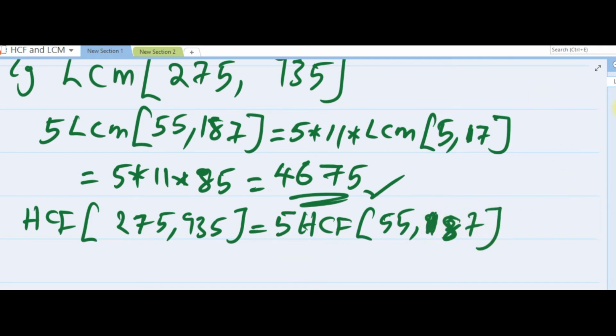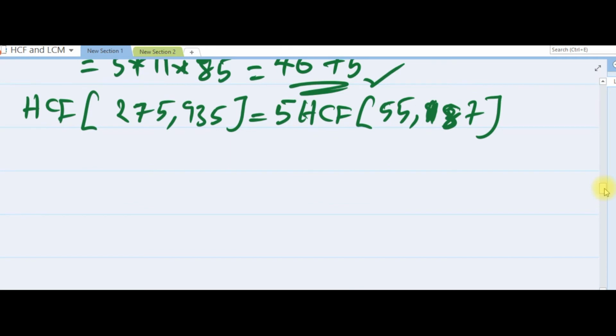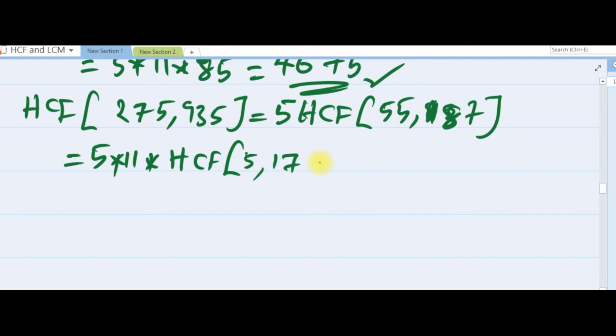Again, looking at this, we have a common factor again, which is 11. So it's 5 times 11 times the HCF of the remaining: 55 over 11 is 5, and 187 over 11 is 17.